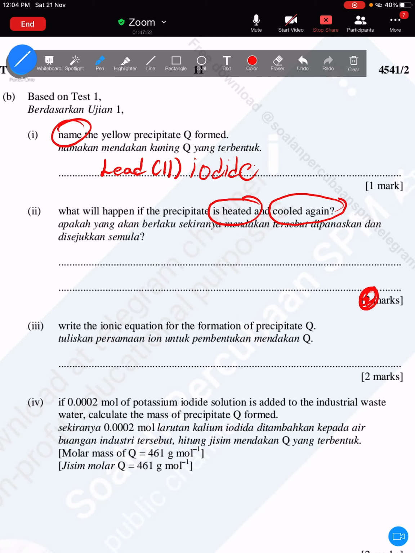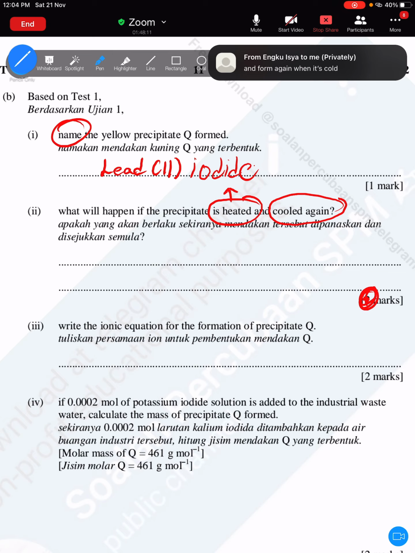Okay, lead iodide. Remember guys, this is the behavior of lead iodide: when you heat it, it will dissolve. When you cool it down again, it will reprecipitate.